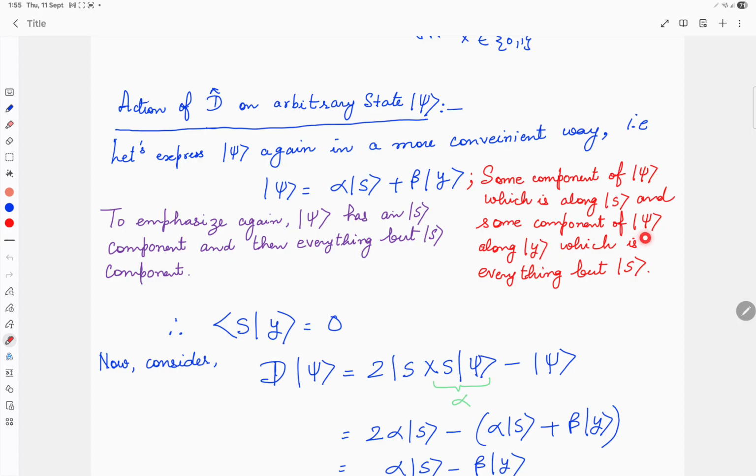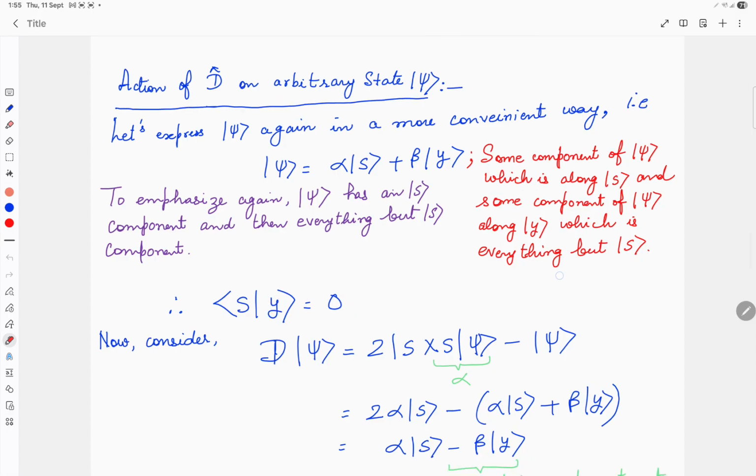What is y? It is everything but S. So y will have everything but not S. Therefore, if you take the inner product of S and y, it will come out to be 0.